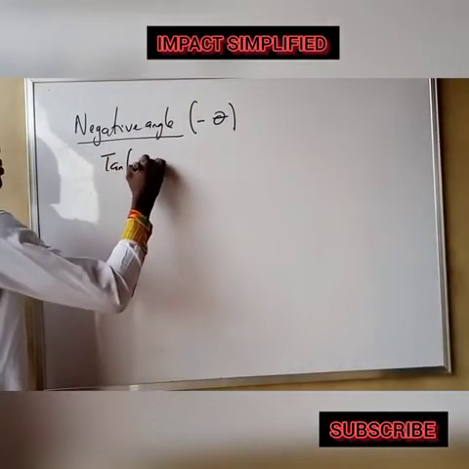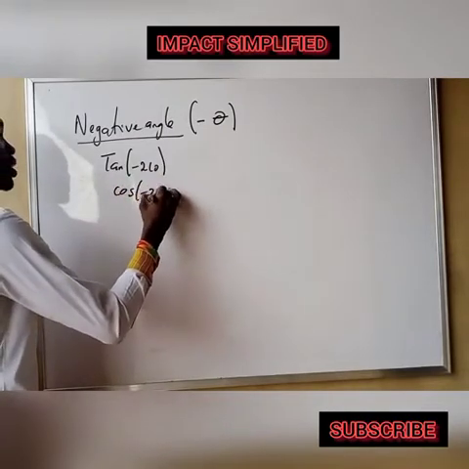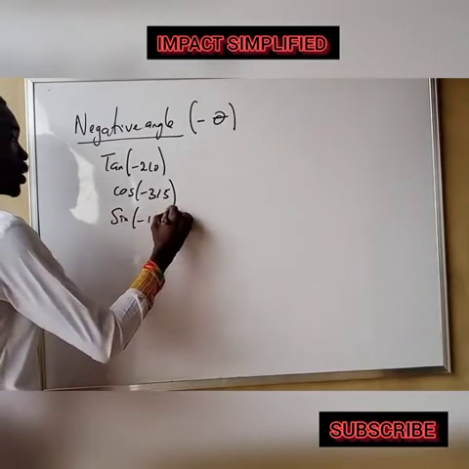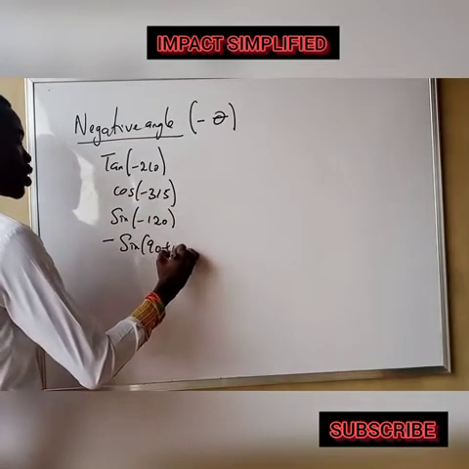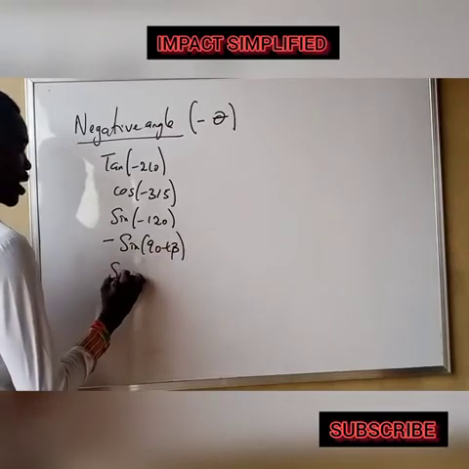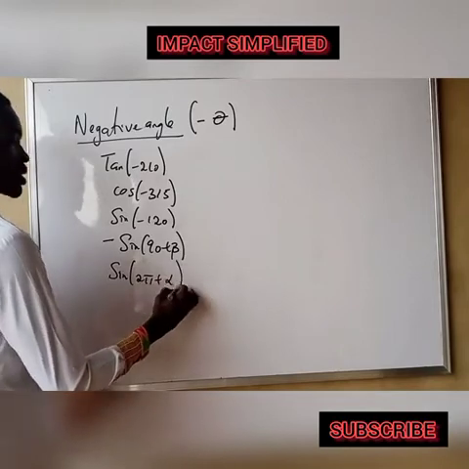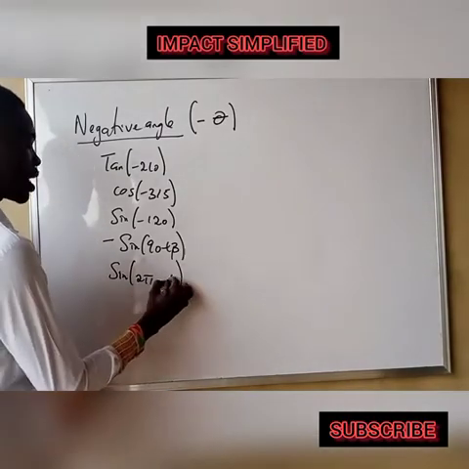We have tan minus 210. We have cos minus 315. We have sine minus 120. We have minus sine of 90 plus beta. And we have sine of 2 pi minus alpha.